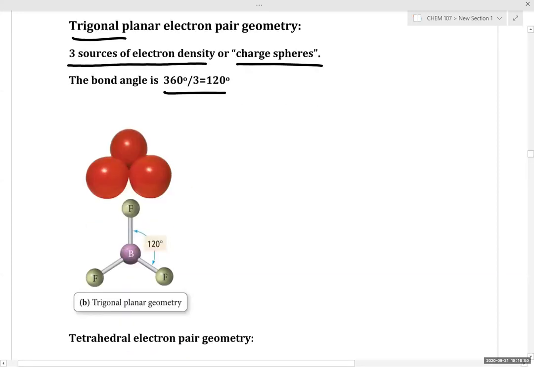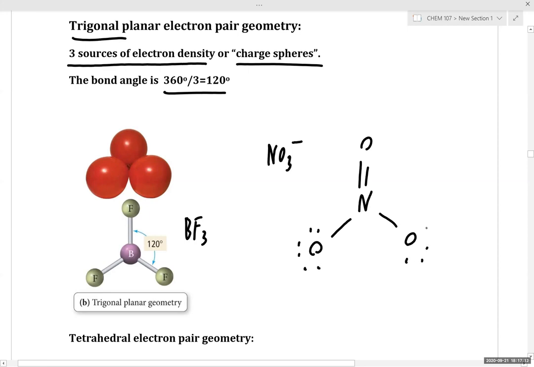An example of a molecule with a trigonal planar geometry would be BF3. Another example that I find a little bit more relevant would be our good old friend nitrate, which is NO3-. If we pay attention to nitrate for a moment, let's focus on our central atom. So how many charged spheres do we have centered around nitrogen?